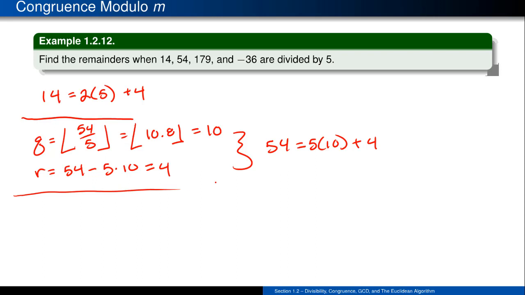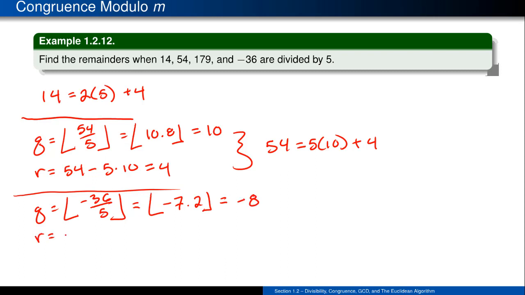All right, let's do the negative one. If I have n being negative 36, my quotient is negative 36 divided by 5. Negative 36 over 5 is something like negative 7.2, which floored turns into negative 8.